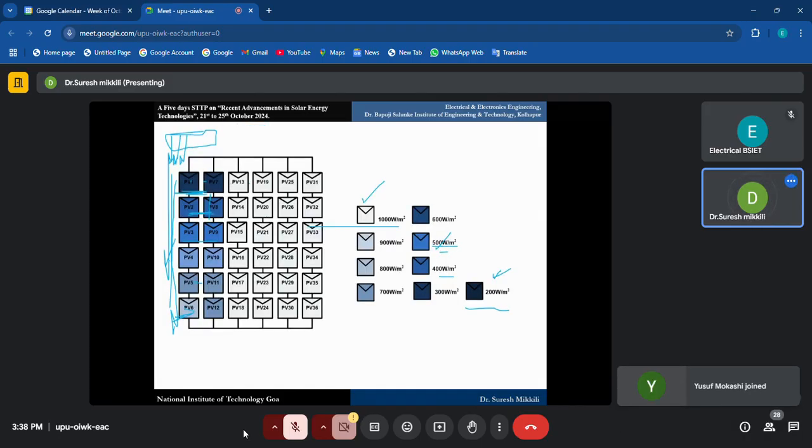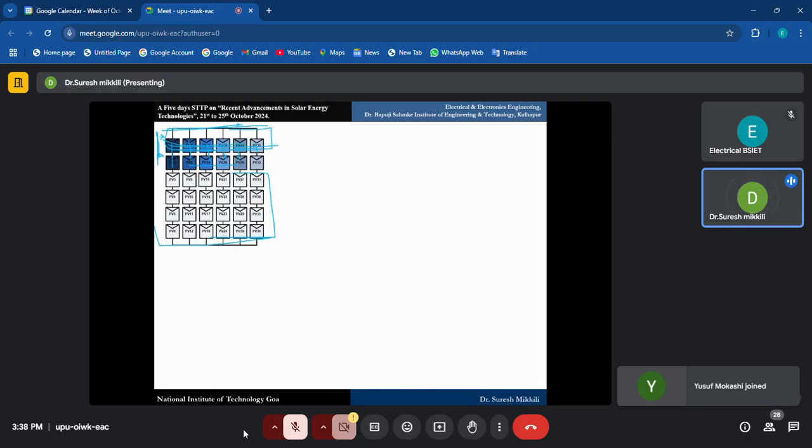Otherwise, if you have a full wall, full shading happens, and all the modules in a row can be shaded with a single value. The first row can be 200 watt per meter square, the second row 500 watt per meter square, as per the irradiance.